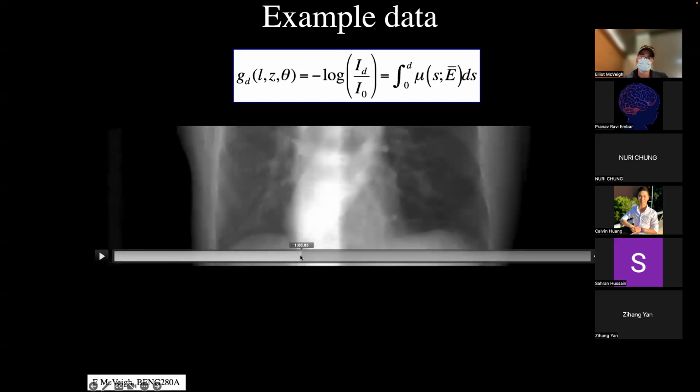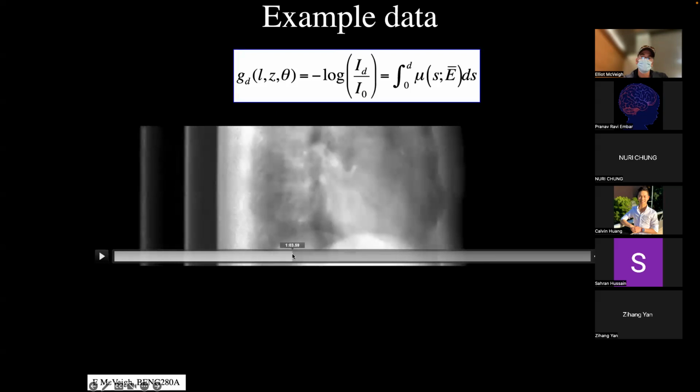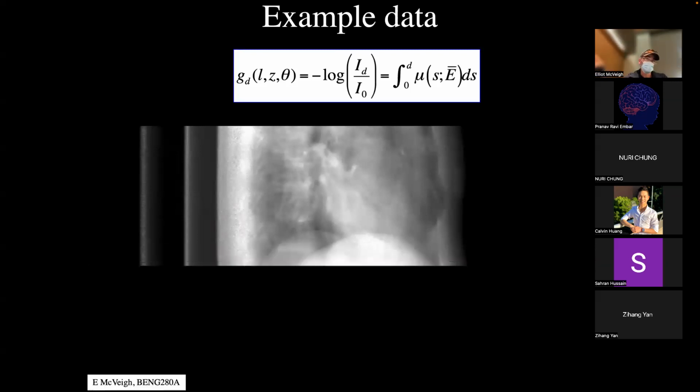If we go to this view here, where you're looking through a long distance through a lot of patient, many photons get absorbed, and you get a kind of noisy estimate here because you get down to actual photon counting limits, of whether or not you have enough photons there.